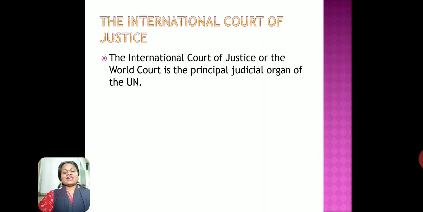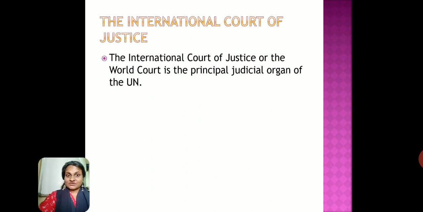All right. Now, coming to the next organ of the United Nations, and that is the International Court of Justice, because wherever you have countries, like at home we have arguments and fights, and then we go to our elders to get them resolved. Similarly, in a world which is so huge, obviously there's going to be some sort of an argument or some sort of an issue that needs to be resolved.